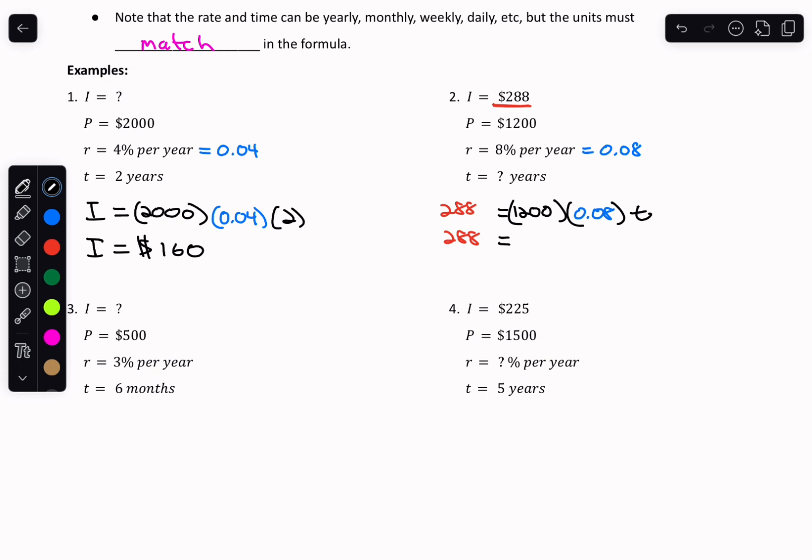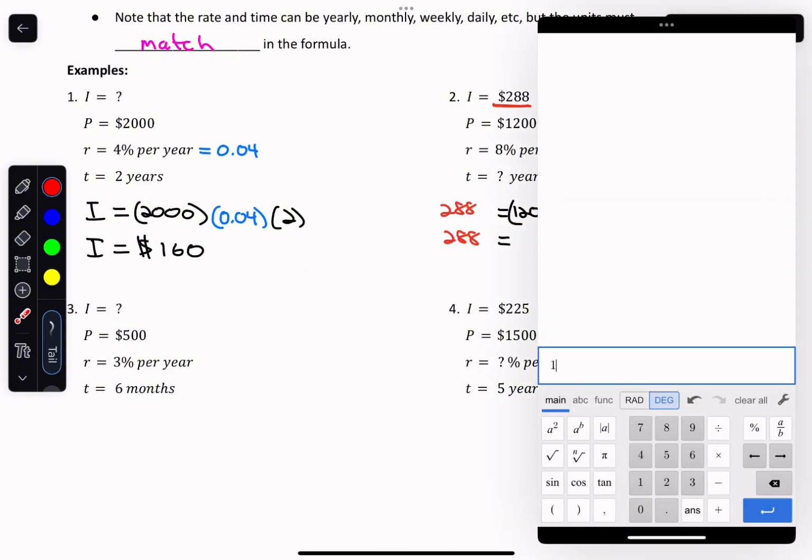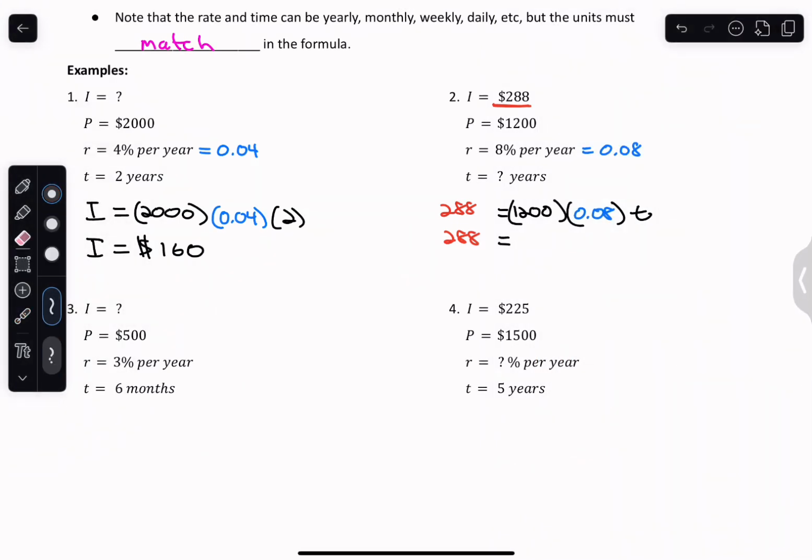So my apologies there. So now what I'm going to be multiplying instead is 1200 times 0.08. And when I do that, that gives me the number I was expecting, which is 96. So now this equation reads 288 is equal to 96 times t.